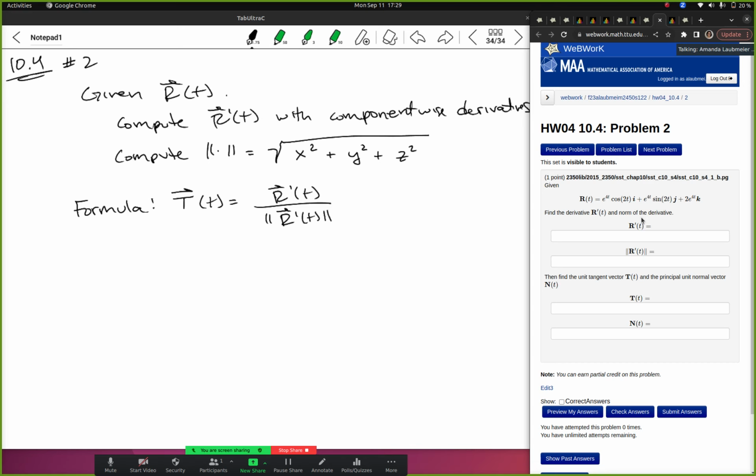And so to make it a unit tangent vector, we divide by its magnitude. That's something we learned in the first section of class. So you're just going to take what you got in the first box divided by what you got in the second box, and that's your answer for the third box.